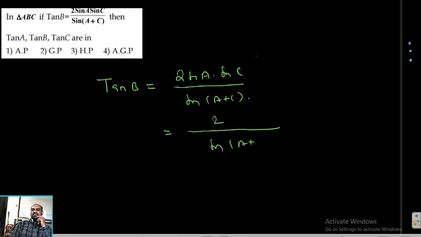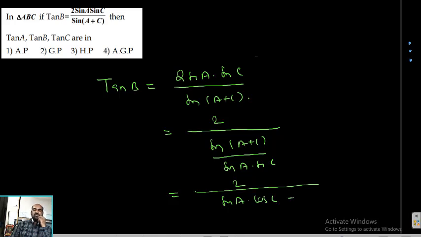Sin of (A plus C) by sin A sin C, I can write. In other words, 2 divided by (sin A cos C plus cos A sin C) by sin A sin C. I will write in the next page.